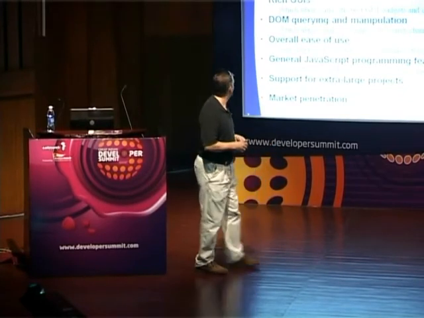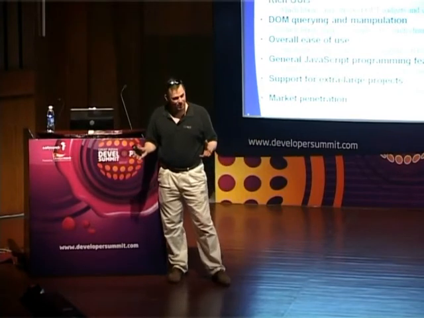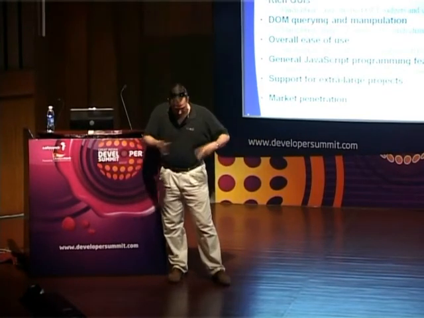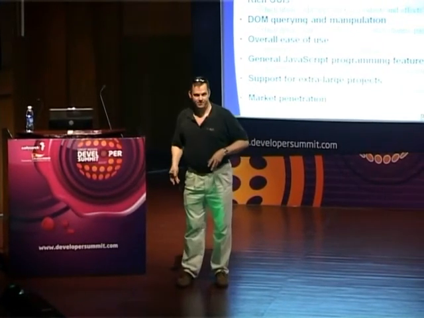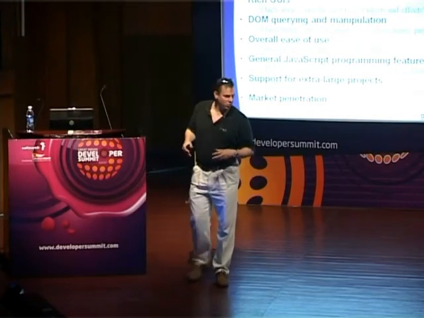A third reason is, a lot of what you do in JavaScript programming is searching around in the HTML page to find things of interest and modifying them. So searching the DOM and manipulating the DOM. And so which libraries are good at that? That's another category.